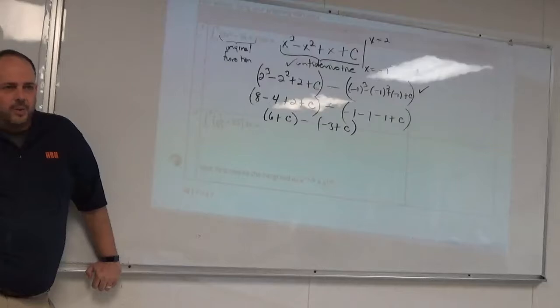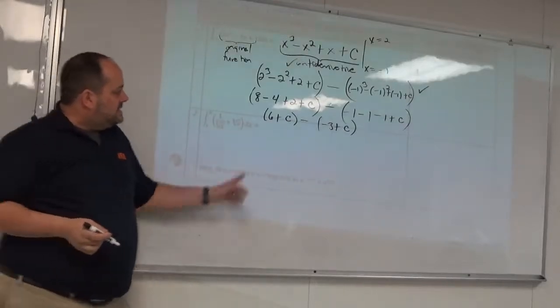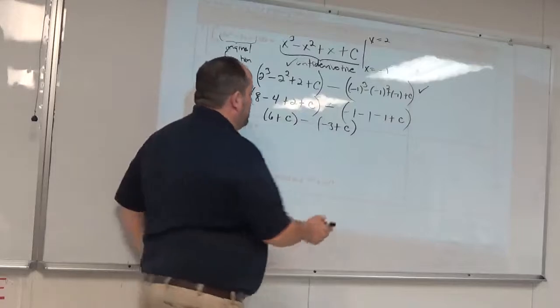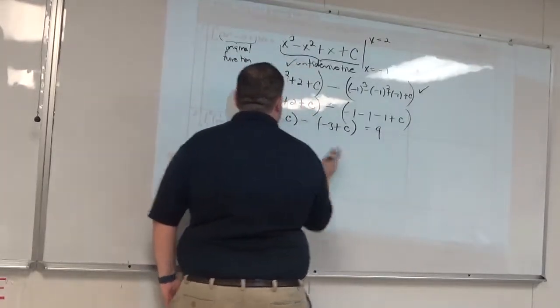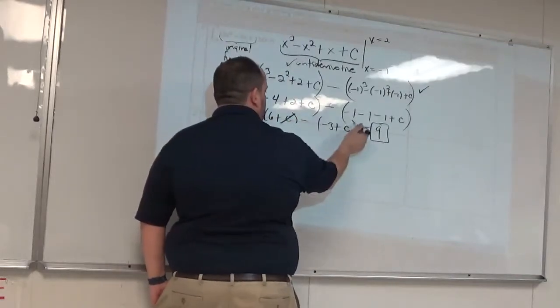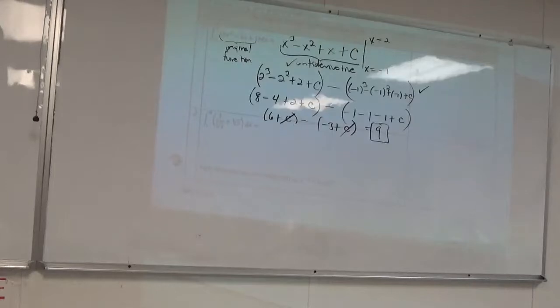I'm just doing my number stuff here. Final answer: 6 plus c minus (-3 plus c) is 9, because 6 minus -3 means 6 plus 3, and the c's cancel out and we get 9.